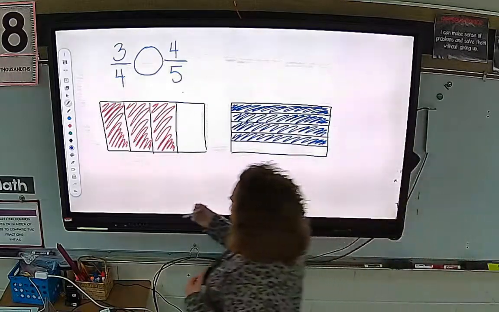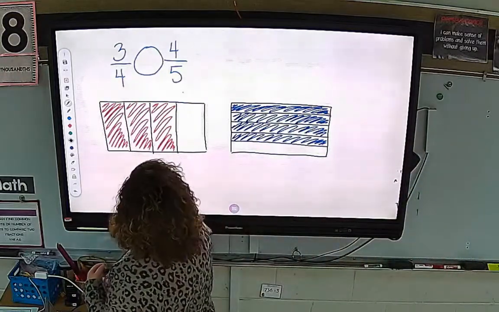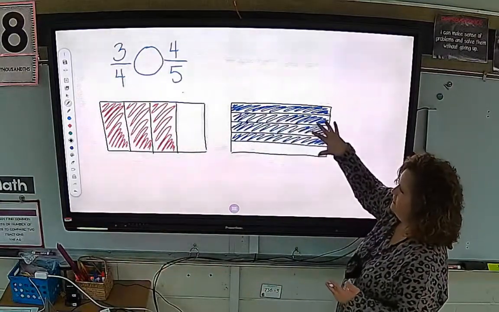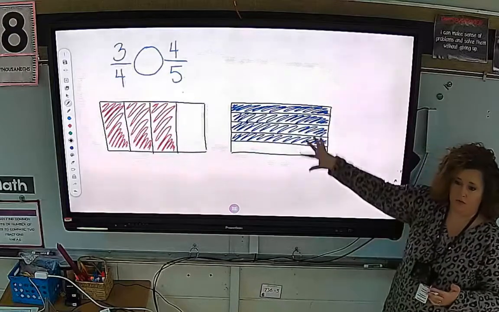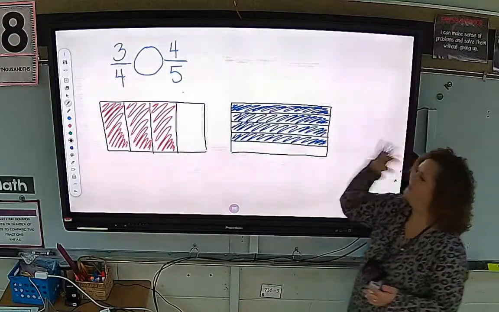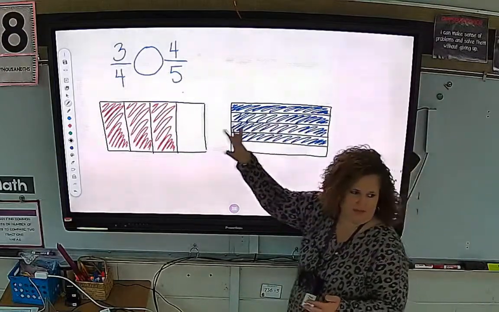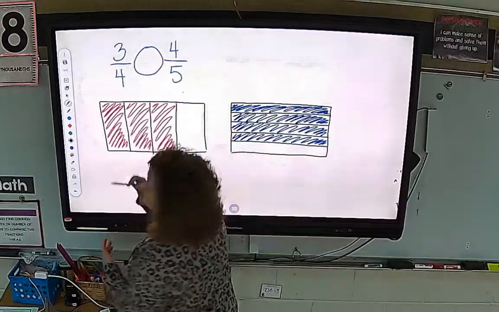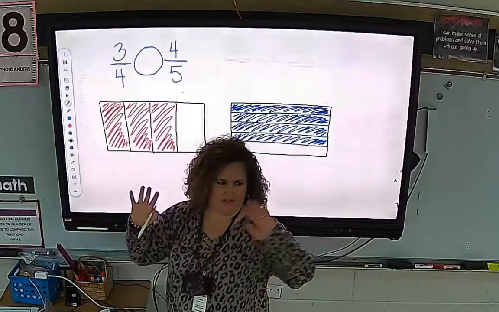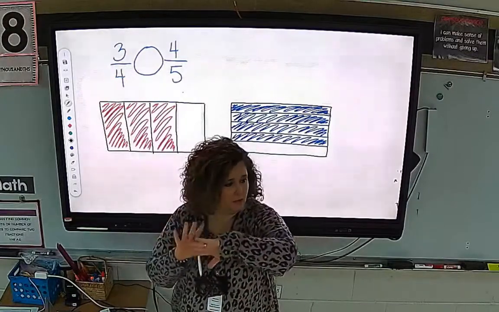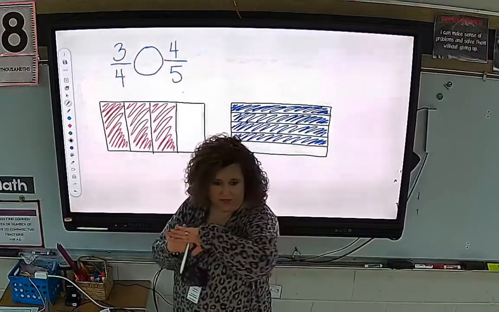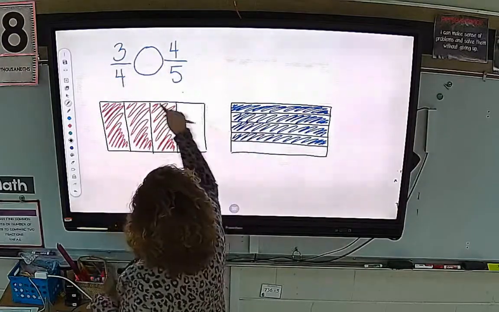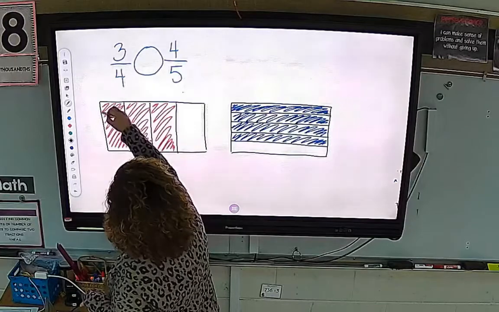So, let's try that. How many pieces do I have this way? 4. Total? Oh, 5. So I'm going to take that and I'm going to add it to this. Okay? And this is another reason that we've done one of these vertically and one of these horizontally, because when we combine them, you want to be able to see both. Okay? A little easier. So if I know this is cut in 5 pieces, I'm going to add that over here.